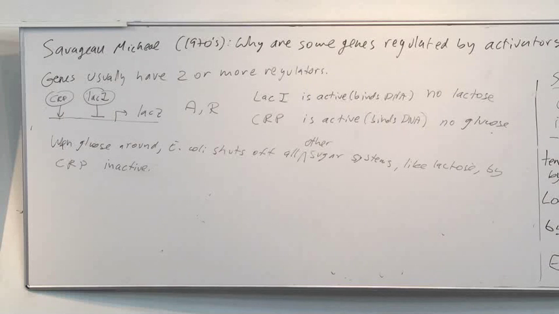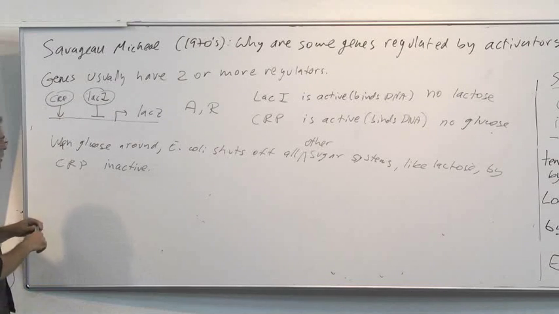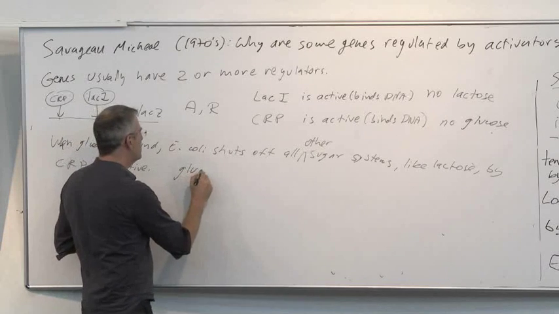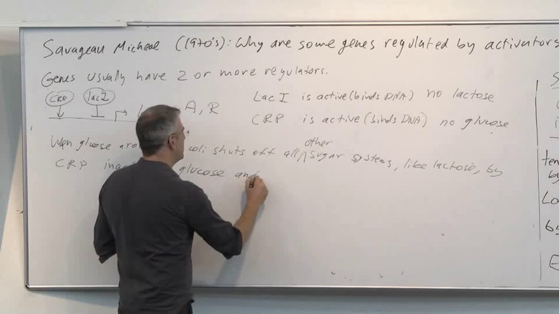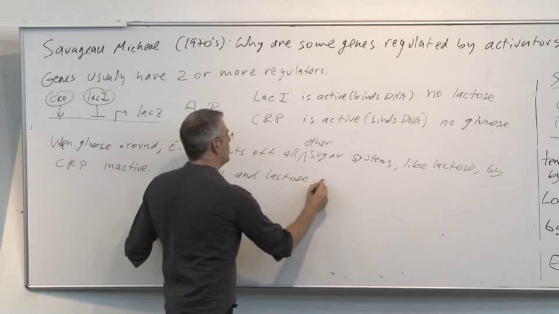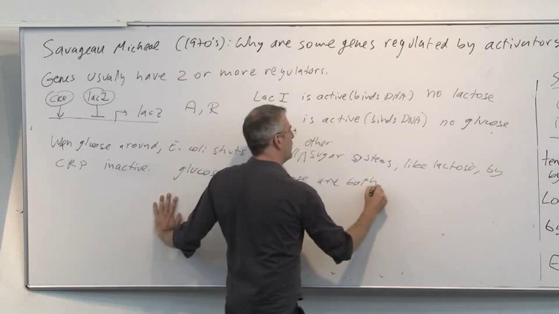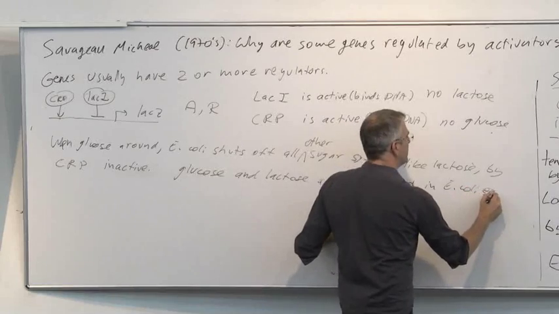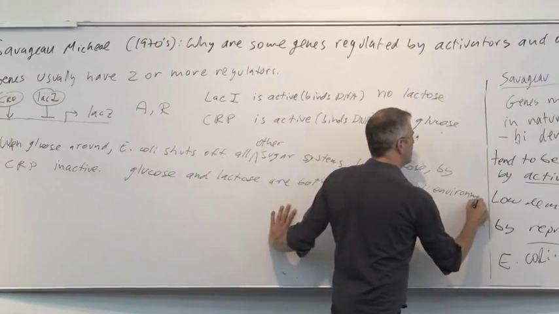Okay. I also want to tell you another thing, that glucose and lactose are both rare in the E. coli environment. Why is that?